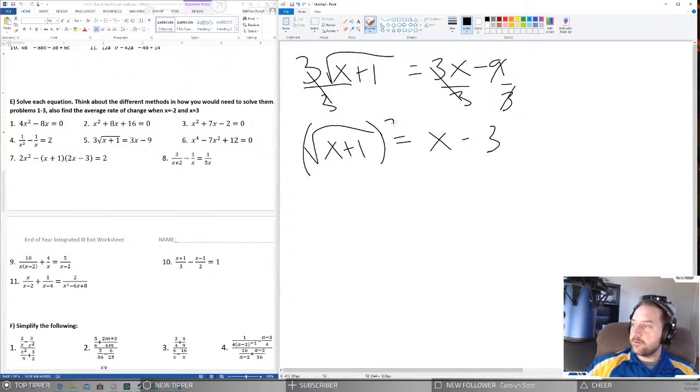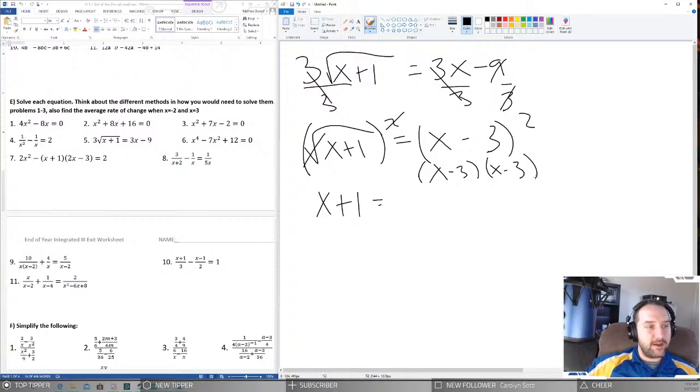So then I'm going to square both sides. So the square root and the square will cancel out. So I get x plus 1. And then now this is x minus 3 times x minus 3. So I want to multiply all that out. So x times x. And when you do that, you're going to get that.